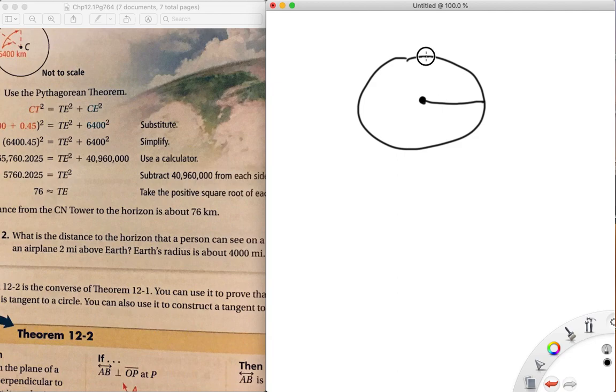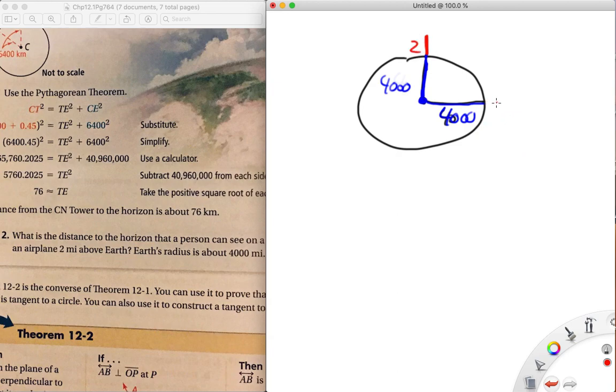So here's how this works. So we have 2 radii. Alright, we have 4,000 here. I'll do this in blue. We have 4,000 here. We have a plane that is 2 miles above the Earth.